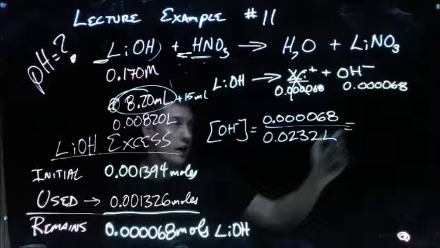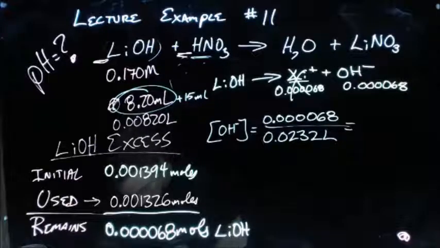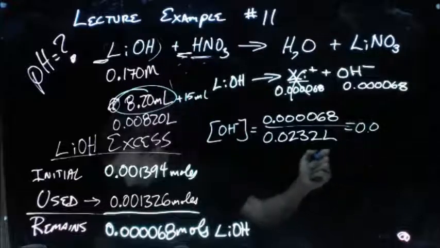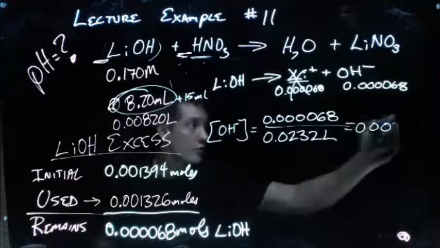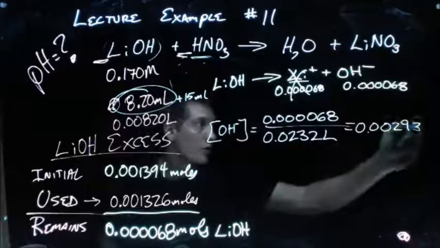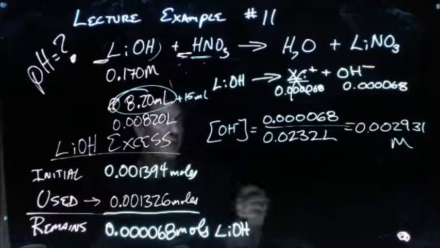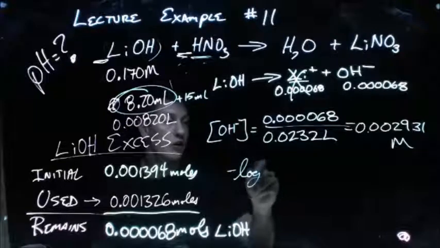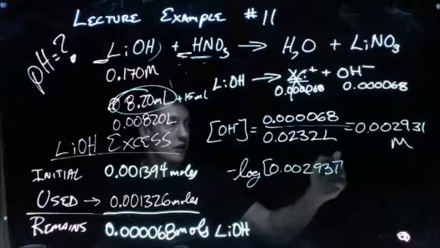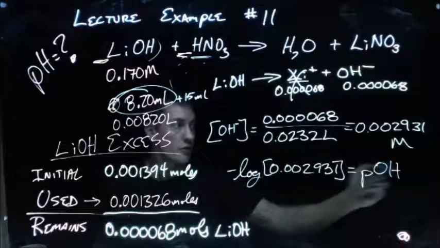So our hydroxide ion concentration comes out to be 0.002931 molar. If I take the negative log of that, of the hydroxide ion concentration, that equals pOH, and I know that pH plus pOH always add up to 14.